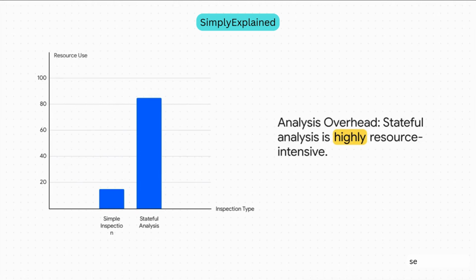But honestly, the biggest drawback is just the raw cost. All of this tracking and remembering context and analyzing thousands of connections all at once, it takes a massive amount of processing power and memory. As you can see here, compared to just simple packet inspection, the resource overhead is way, way higher.